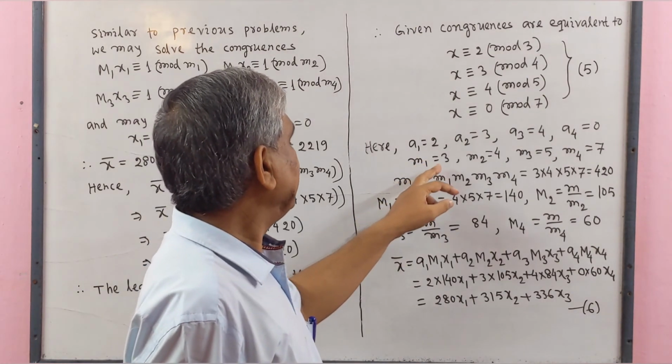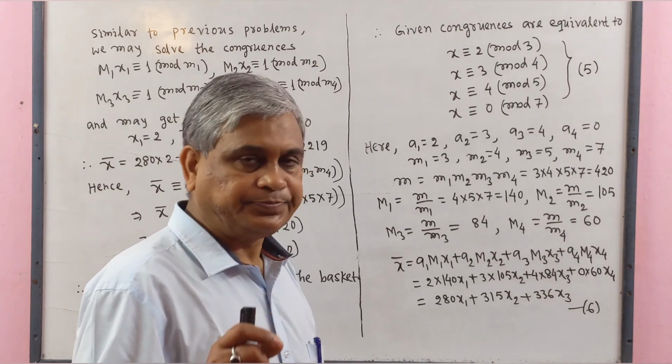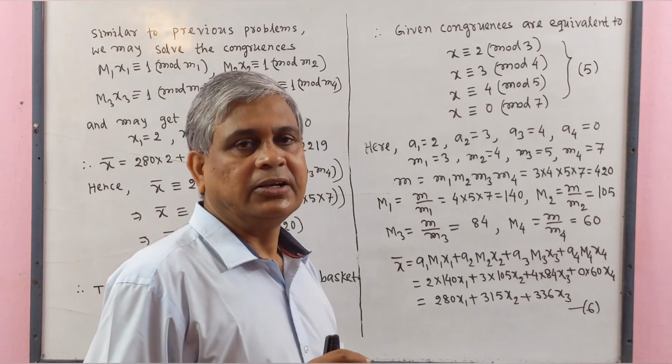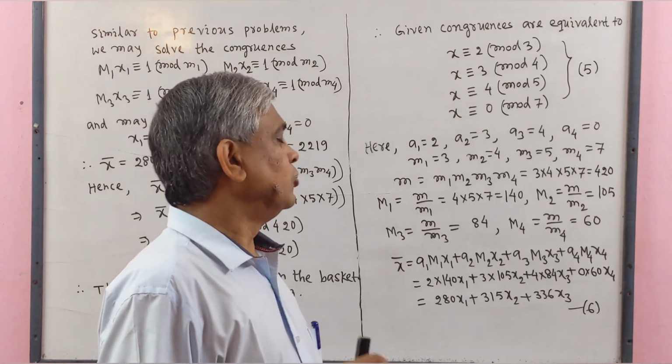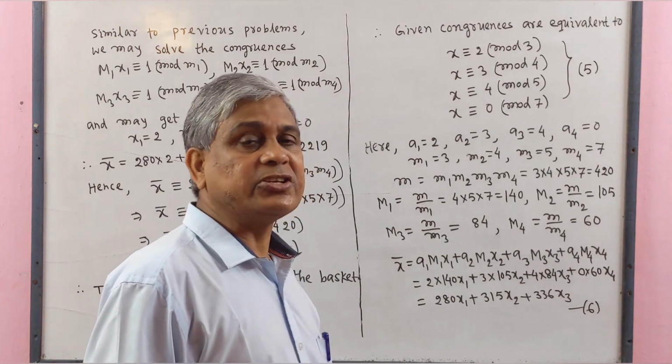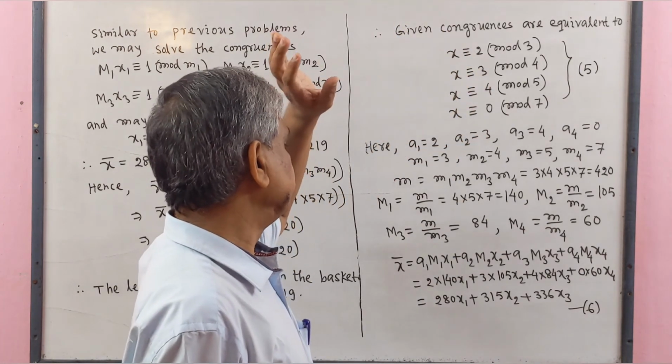We see that each pair of these M1, M2, M3, M4 is relatively prime. Therefore, we may use the Chinese remainder theorem to solve this problem.